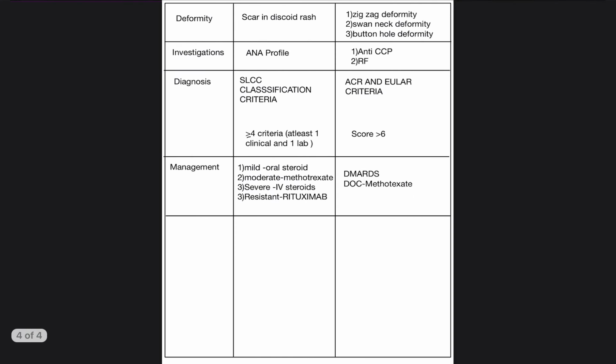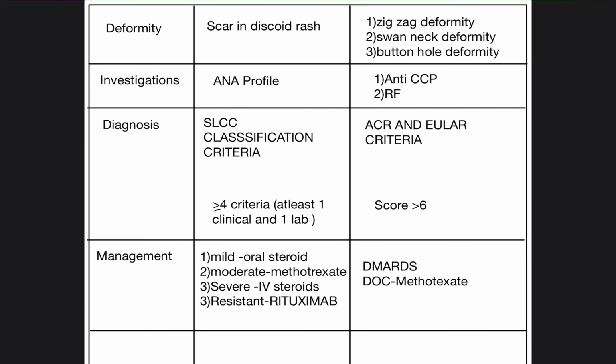Okay. Now, what are the deformities seen in SLE? In SLE, we get scarring in discoid rash, and in rheumatoid arthritis, we get zigzag deformity, swan neck deformity, and buttonhole deformity. So, what are the investigations done in SLE? We do the ANA profile, and in rheumatoid arthritis, we do anti-CCP and rheumatoid factor.